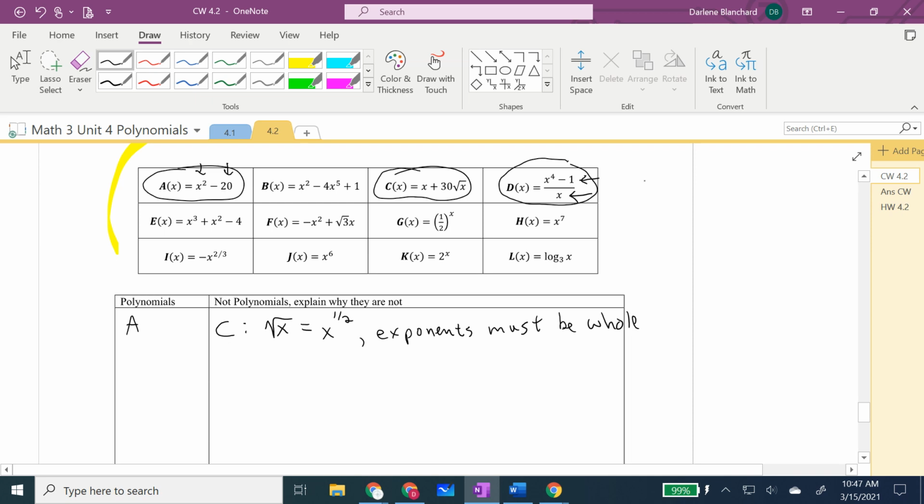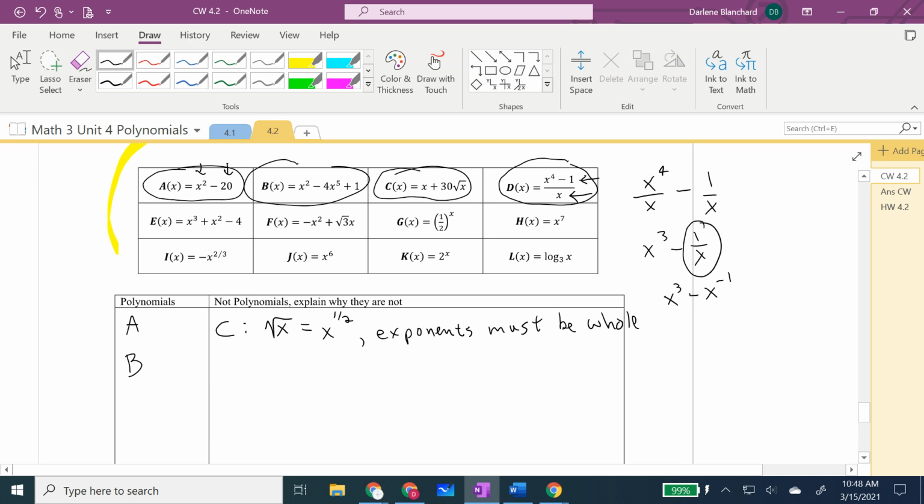Even if I simplified this, I would distribute the division of the x, and sorry, this is actually a -1 exponent, and the exponent has to be a whole number, and a whole number starts at 0 and then goes 1, 2, 3, 4. And if you look at B, B is polynomial.